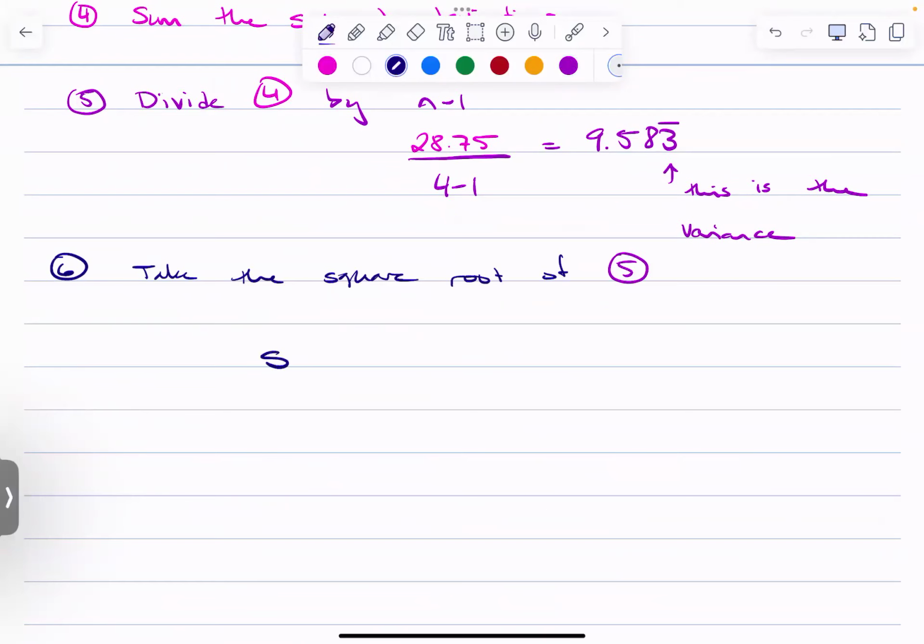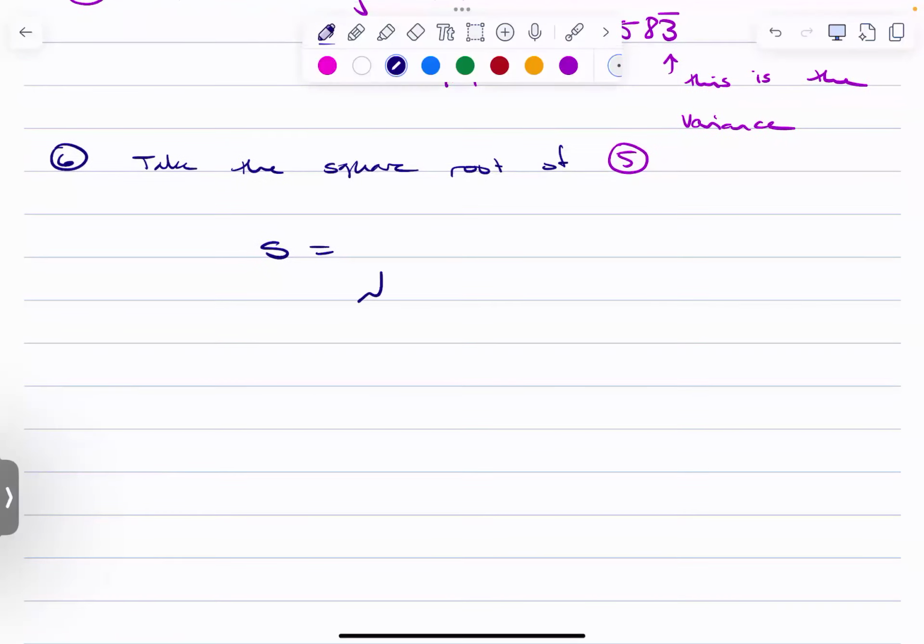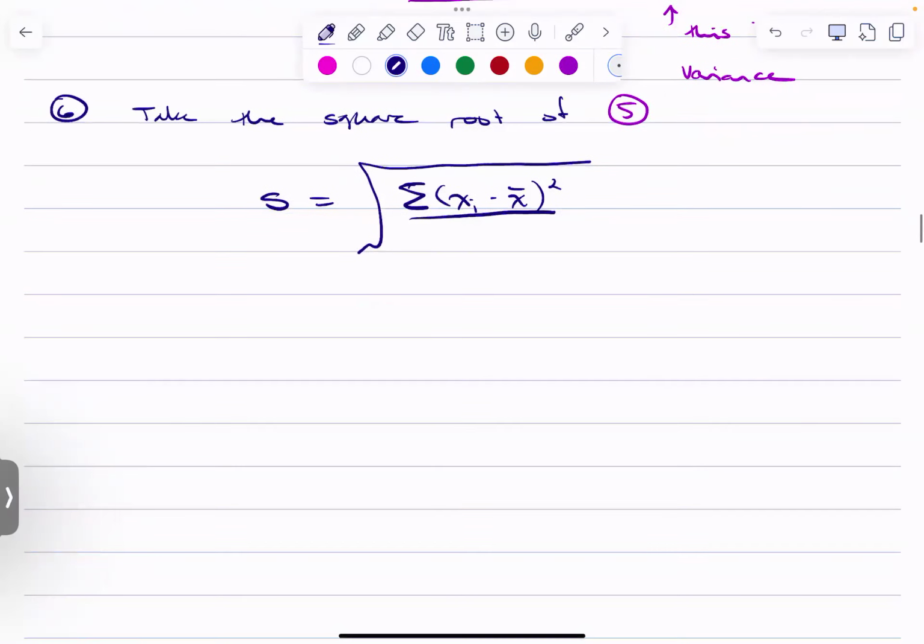So then S is the square root of the sum of your xi minus x bars squared divided by n minus 1.